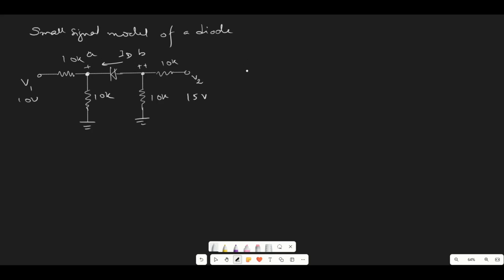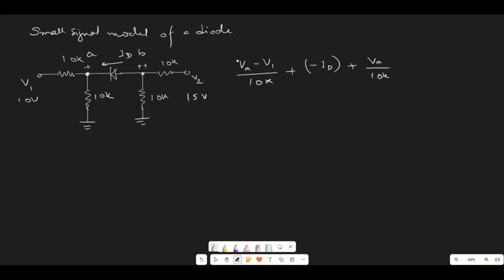So it will be VA minus V1 divided by 10K plus, the current is in the opposite direction, so we have to put it as a minus, then we have VA divided by 10K. So instead of K, you put 10 to the power 3.